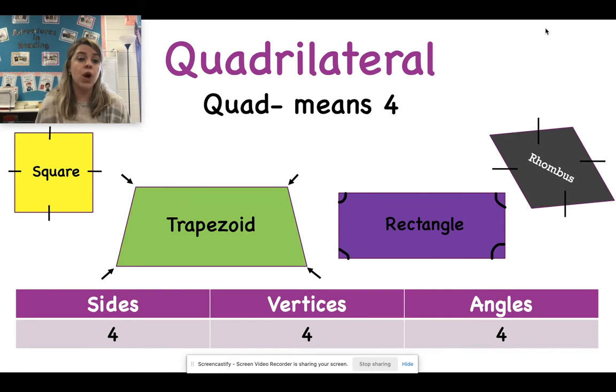There are four main quadrilaterals: squares, trapezoids, rectangles, and rhombus. Those are all considered quadrilaterals. They all have four sides.